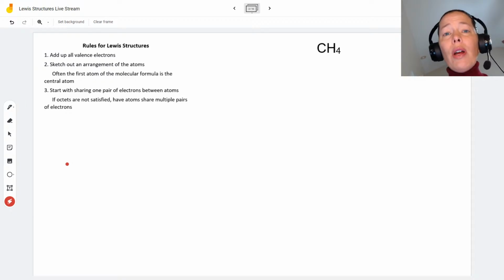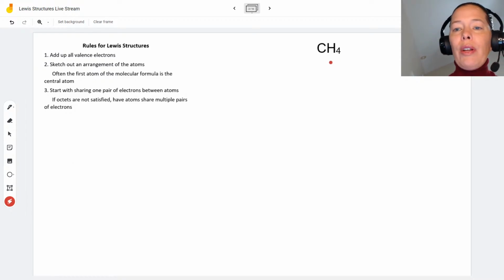Before we start, make sure you have a periodic table handy. I keep one over on my wall here, but you're going to need to know how many valence electrons each atom has, and it's really handy to have a periodic table right there, because it's really easy to determine the valence electrons then. With that being said, let's go ahead and start our first Lewis structure.